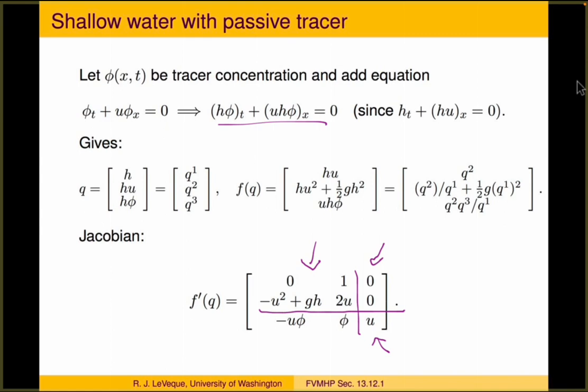The eigenvalues of such a matrix are just the eigenvalues of the 2×2 block, which are the usual eigenvalues of the shallow water equations. And then the eigenvalue of the 1×1 block is just u, which is what we would expect, that the additional advection equation adds another characteristic speed, which is the fluid velocity itself.